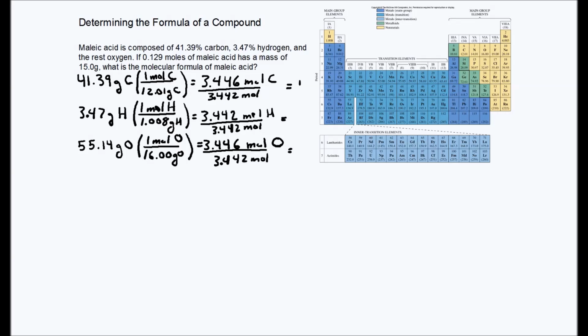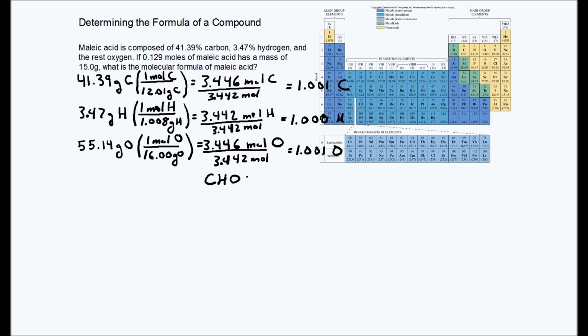So 3.446 divided by 3.442 gives me 1.001 carbon. 3.442 divided by 3.442 is 1, so 1.000 hydrogen. And 3.446 divided by 3.442 is again 1.001 oxygen. So our empirical formula from this is CHO.